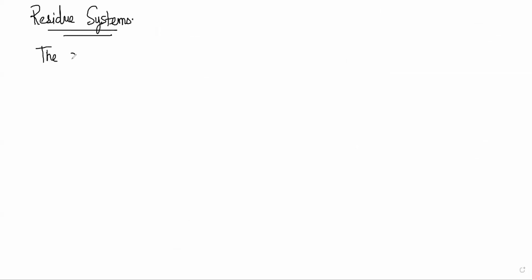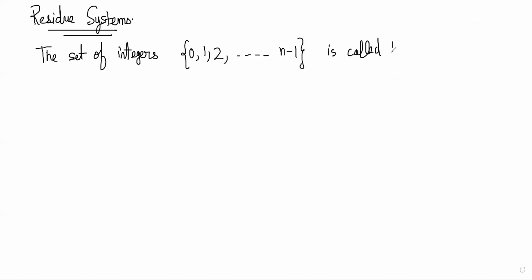The idea is this. The set of integers 0, 1, 2 till n minus 1 is called the least residue system modulo n. Now, what do we mean by that?